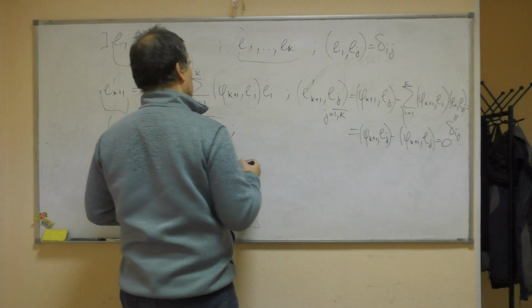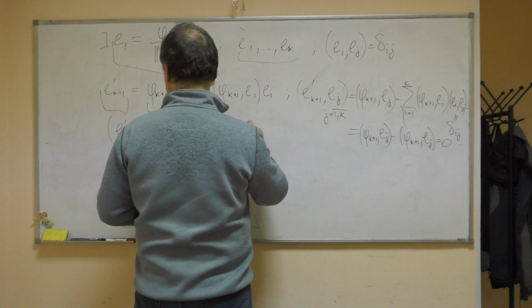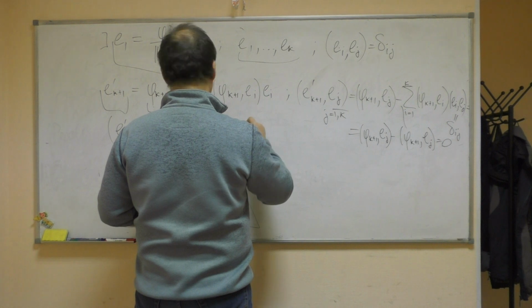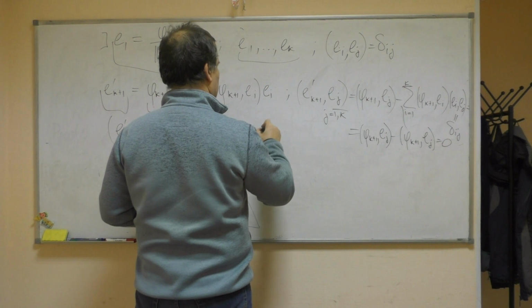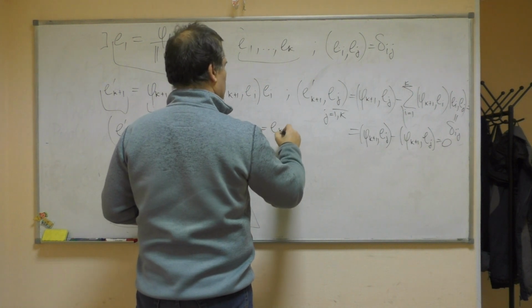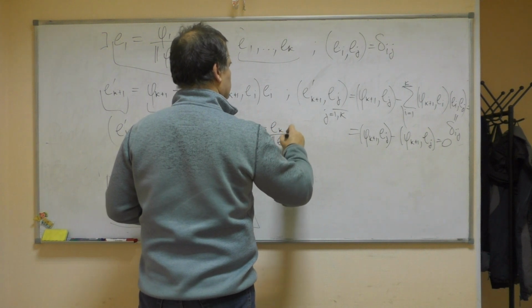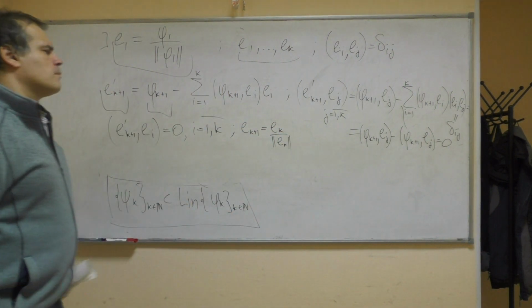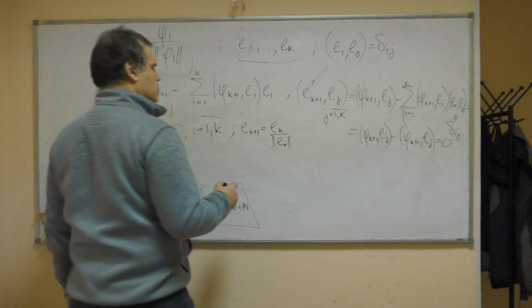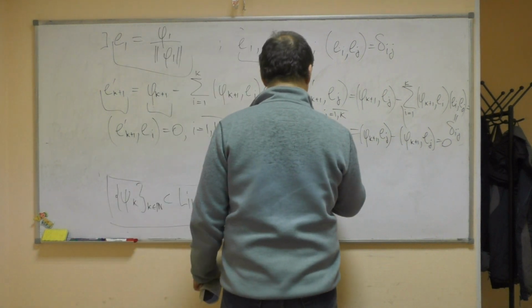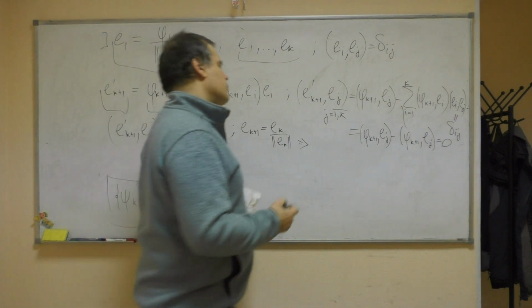And finally we obtain e k plus 1 as e'(k+1) divided by its norm. So we have built the orthonormal system.